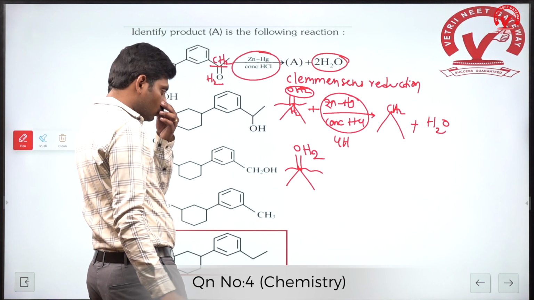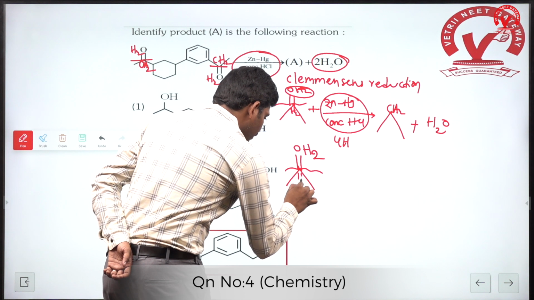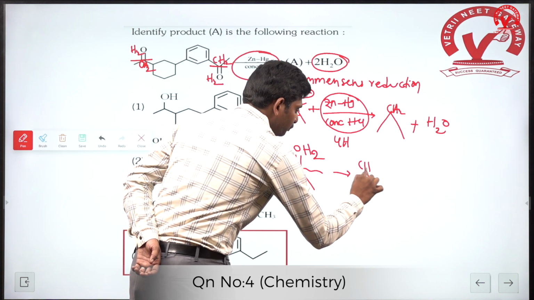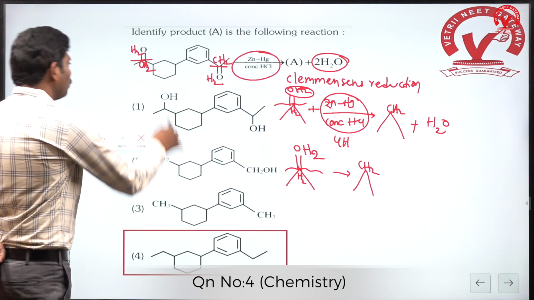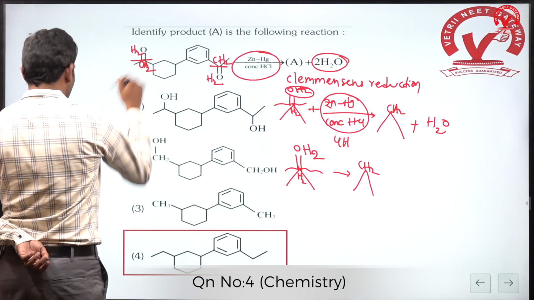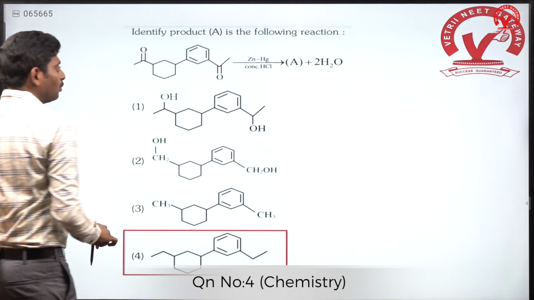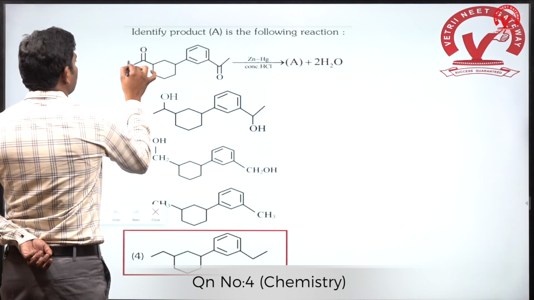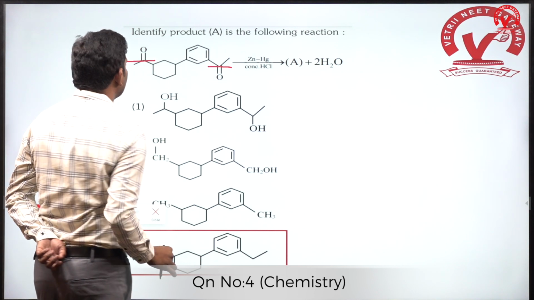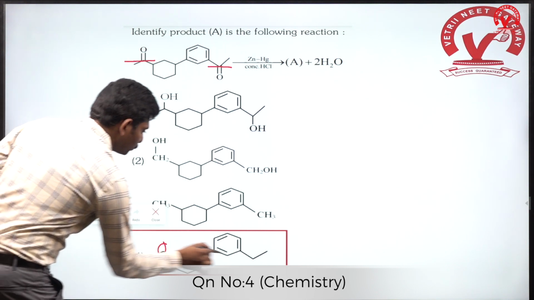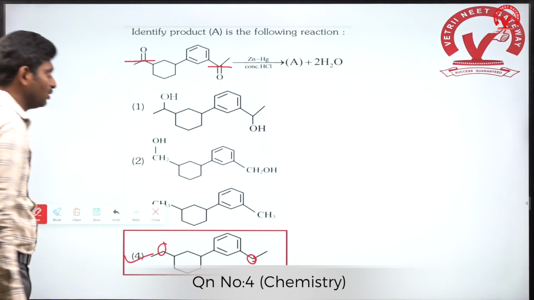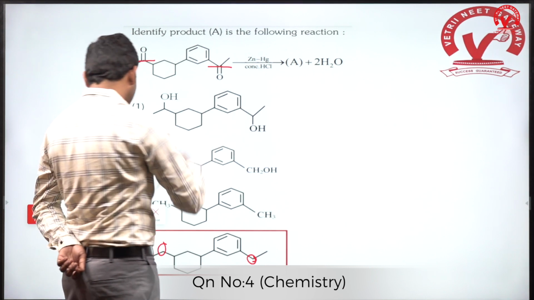So two hydrogens with O, and here two hydrogens form. So it converts into CH2. Here two O groups are there, and these two O groups convert into CH2 groups. So this is the answer. The fourth option is the correct one. So it is a Clemmensen reduction.